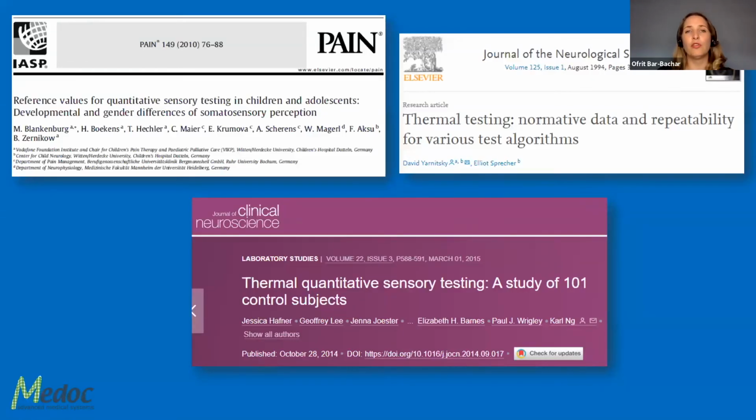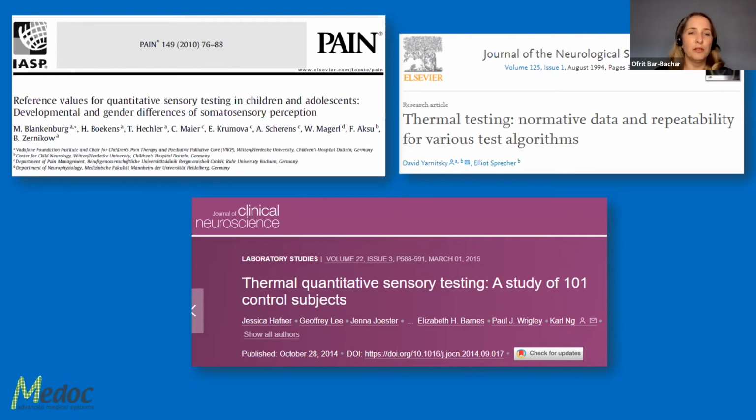The three sources of normative data that are included in Medoc's software are the default normative data by David Yarnitsky that have warm detection and cold detection thresholds, both in the limits and the levels test for males and females between the ages of 20 to 79.